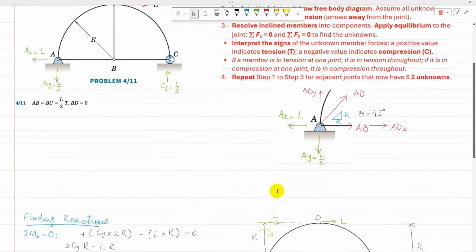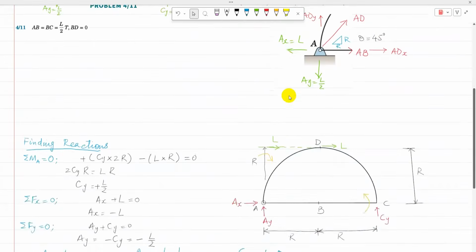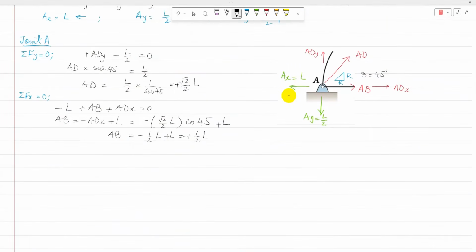Using the convention, interpret the results. For an unknown member force, a positive value indicates tension and a negative value indicates compression. So here AB is half L. I'm going to write the answer: AB is equal to half L, and that is in tension, and AD is root 2 over 2 L, and that is also tension.